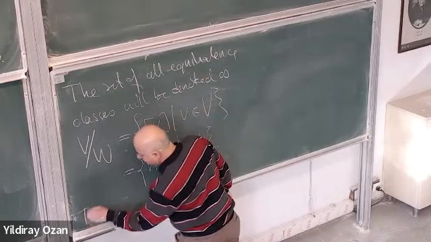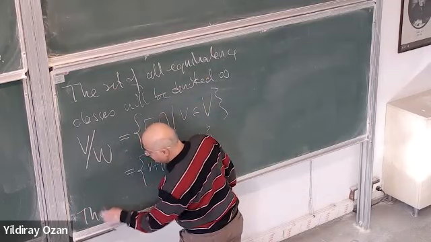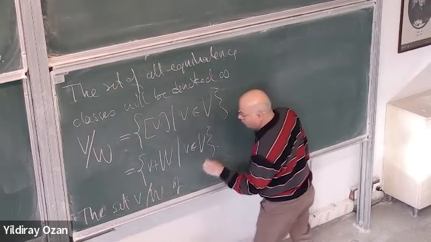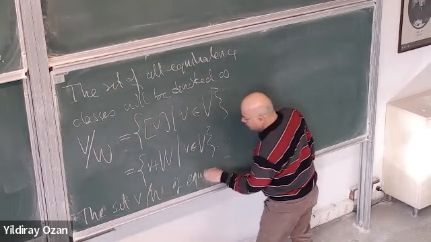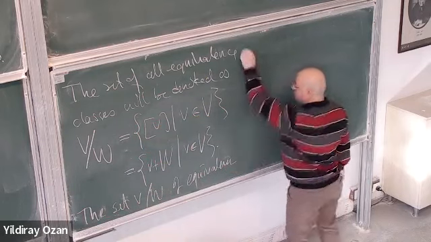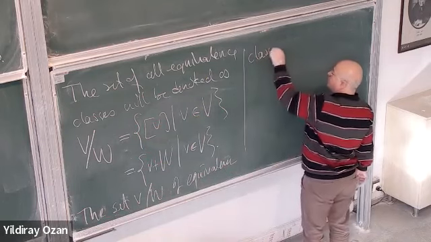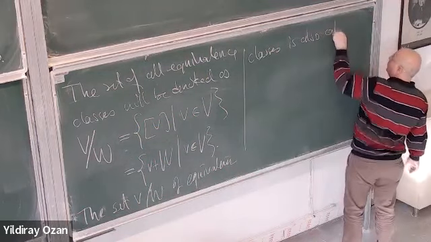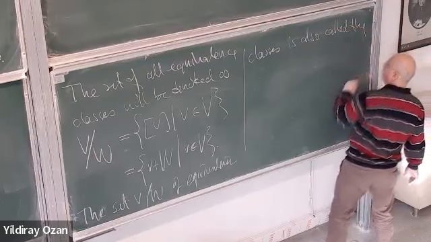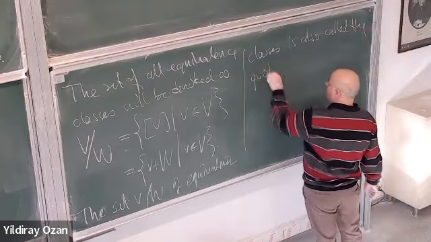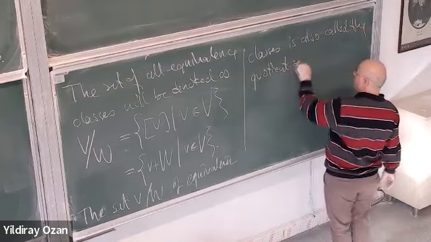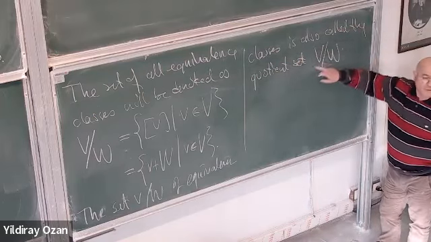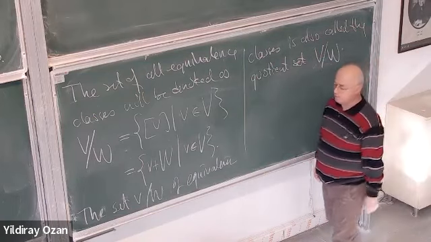This set, V over W, of equivalence classes is also called the quotient set. So this is the set-wise quotient, okay? Quotient set.